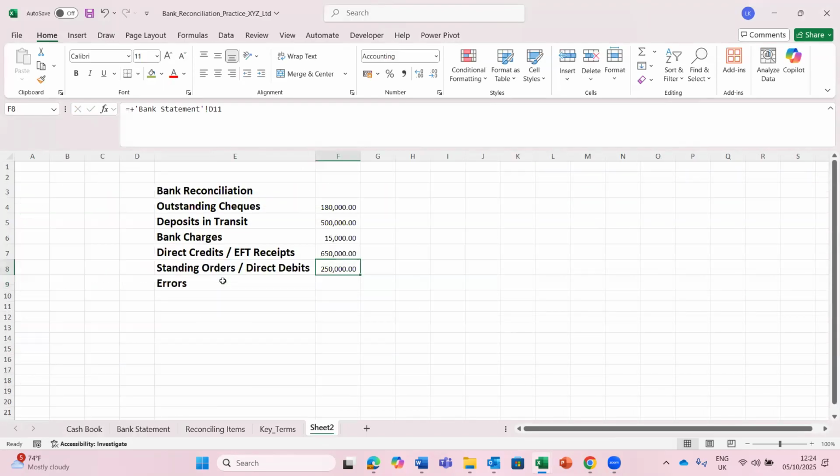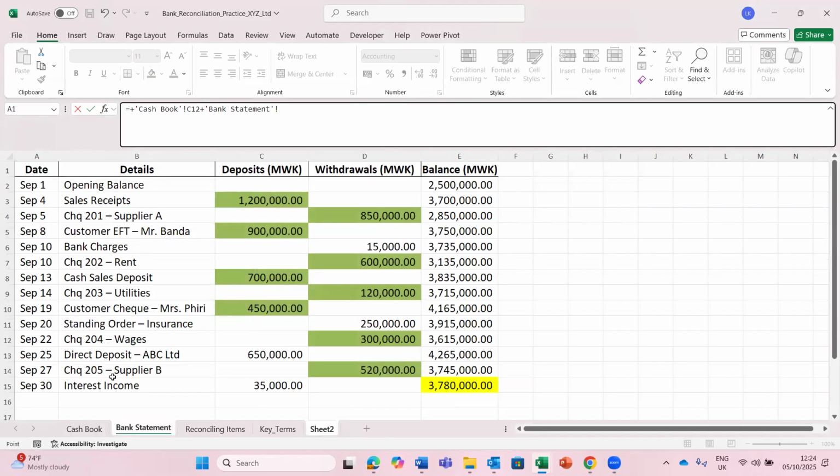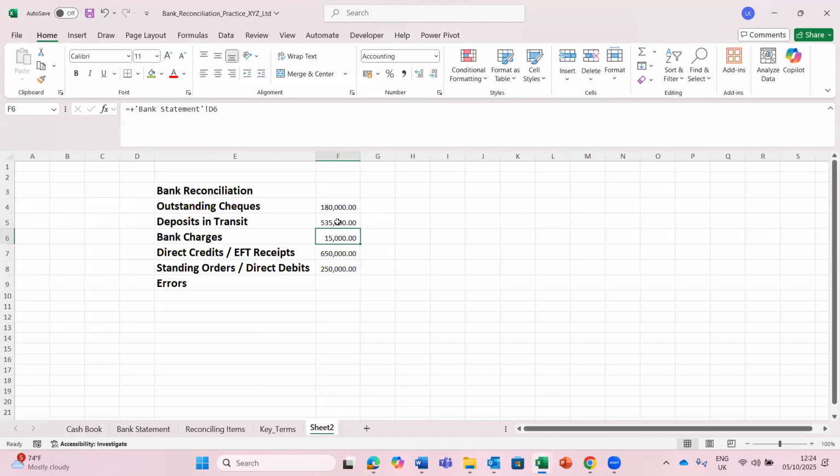And then also under the same direct deposit, we have interest income. Okay. Go to the statement. There's interest income, this amount. So we have received interest on our statement, but we're not aware of it. So how do we record it? That is our interest income. All right.